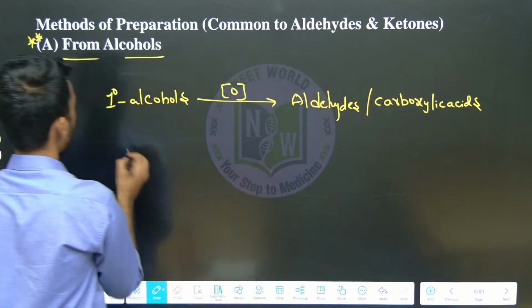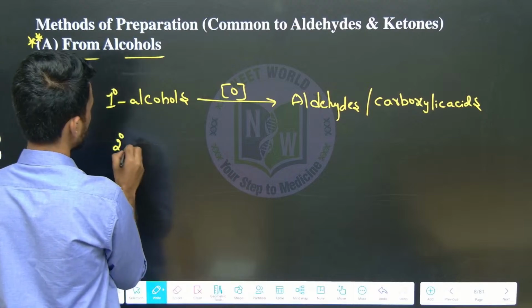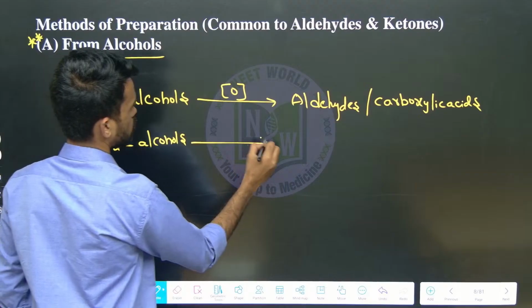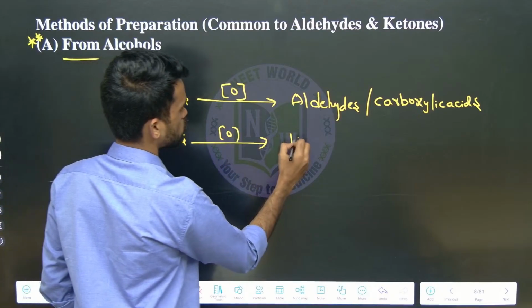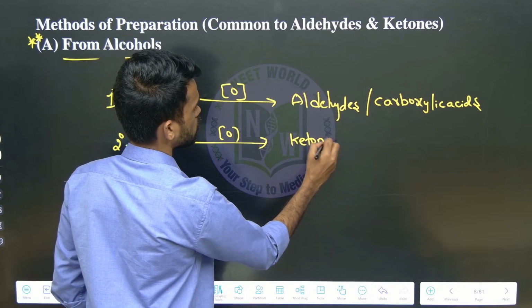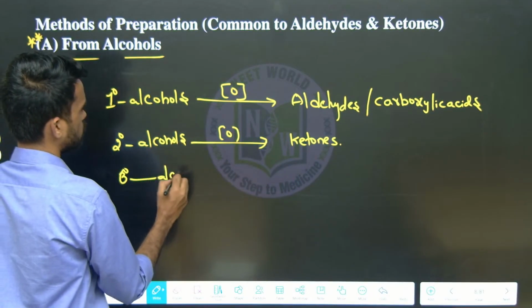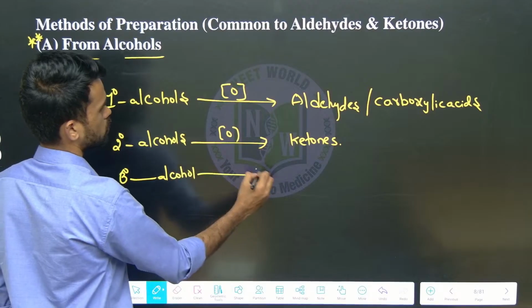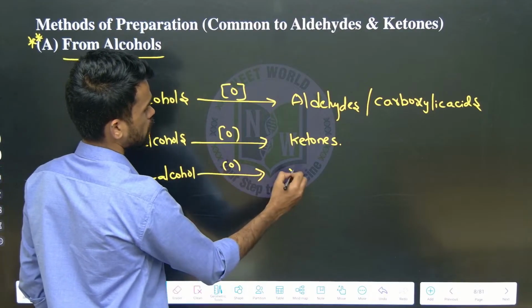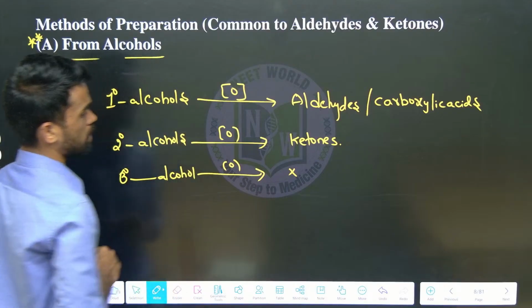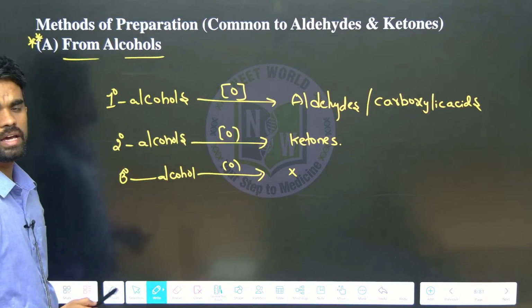If I have secondary alcohols, oxidation gives ketones. And if there is a tertiary alcohol, no reaction with some oxidizing agents, but sometimes it will undergo dehydration to give you an alkene product.